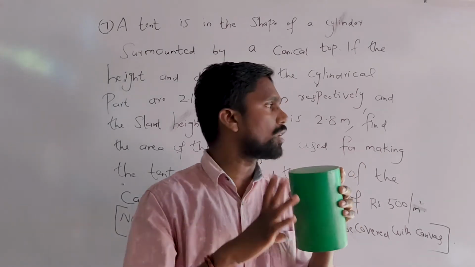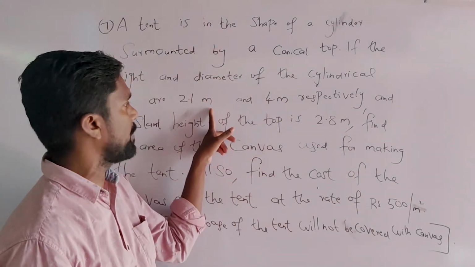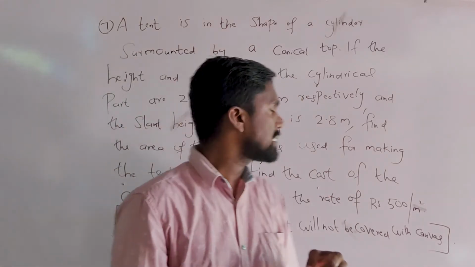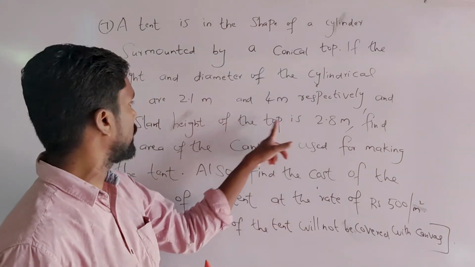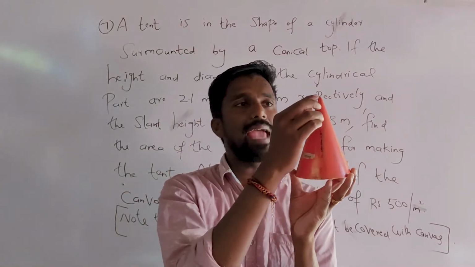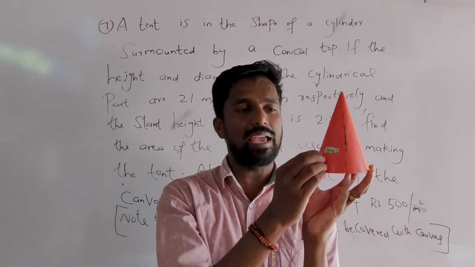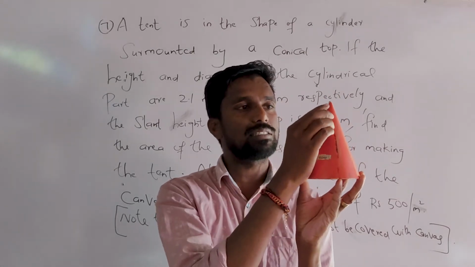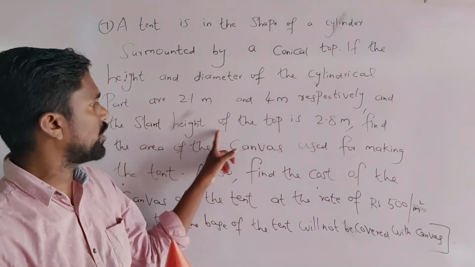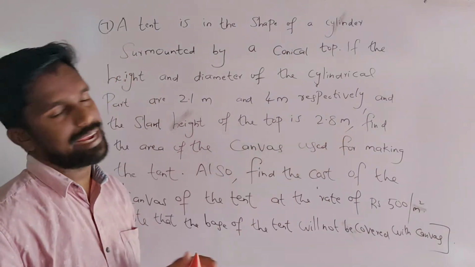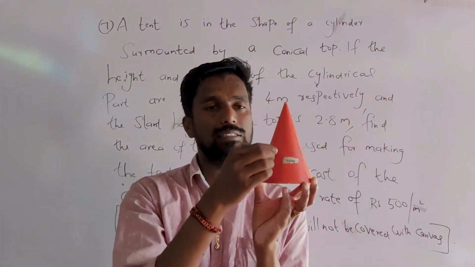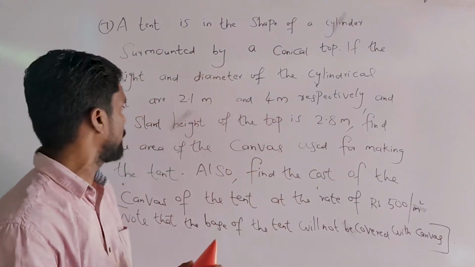Slant height of the top is 2.8 meter. This is the slant height. L is equal to 2.8 meter. It is given in the question.